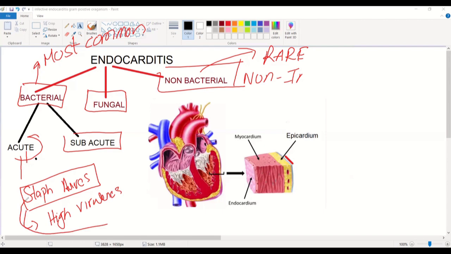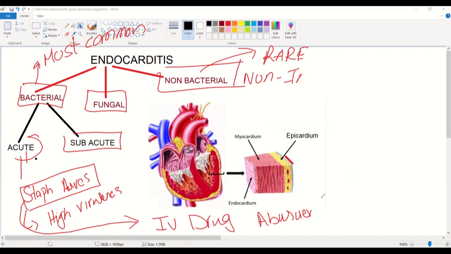What is the most common predisposing factor for Staph aureus? IV drug use, IV drug abusers, right? And which valve is affected in IV drug abusers? This is high yield: the tricuspid valve.